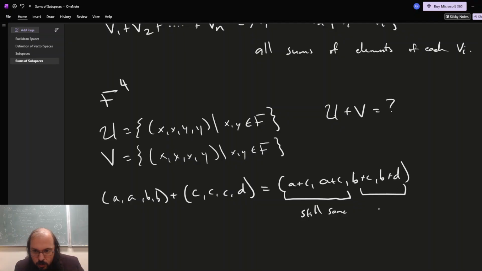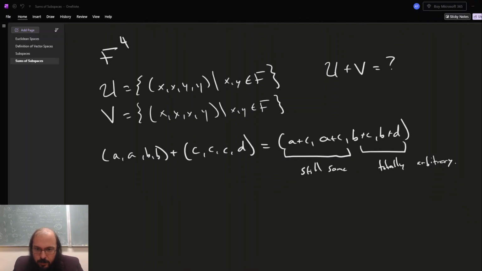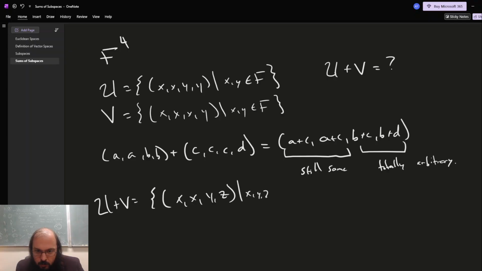These two look totally arbitrary to me. And so inspecting this equation, I might suspect that U plus V can be described as stuff of the form (x, x, y, z): first two the same, last two could be anything.